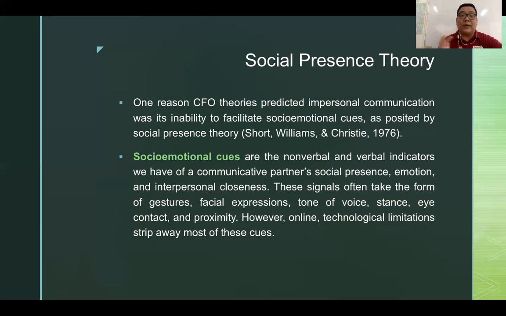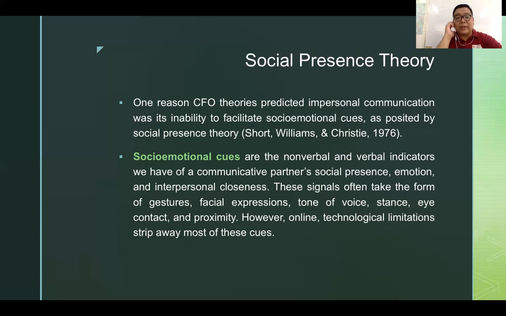Socio-emotional cues are the non-verbal and verbal indicators we have of a communicative partner's social presence, emotion, and interpersonal closeness. So these are things that should be observed when communicating with another person. These signals often take the form of gestures, facial expressions, tone of voice, your stance, eye contact, and even the proximity, your distance from the person whom you are conversing with.